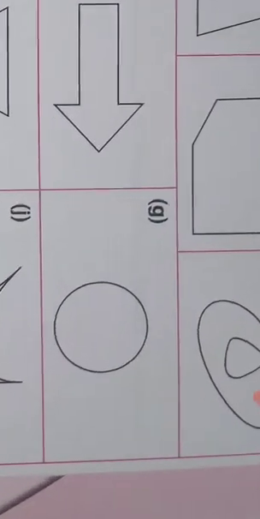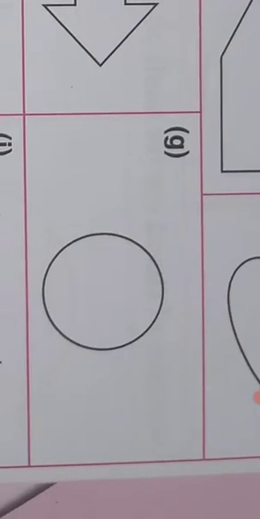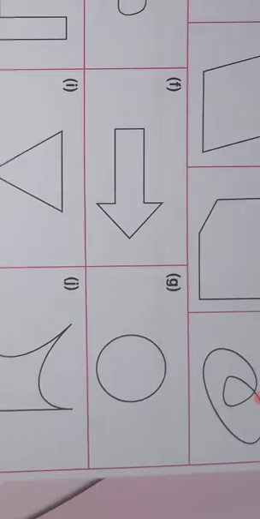Suppose here the example will be number Z. This is a curved line and this is a simple closed curve, formed by only the curved line. The example of this will be a circle.